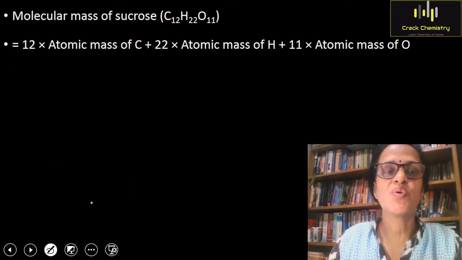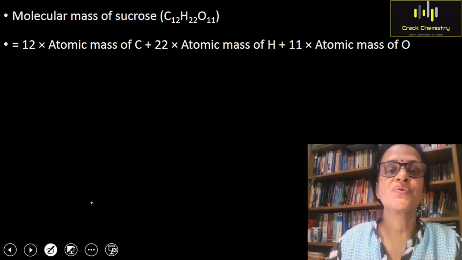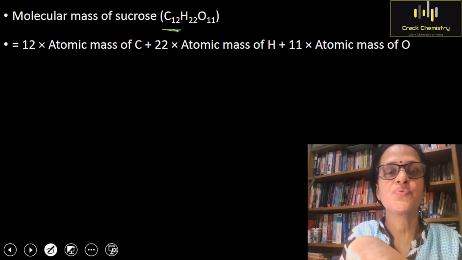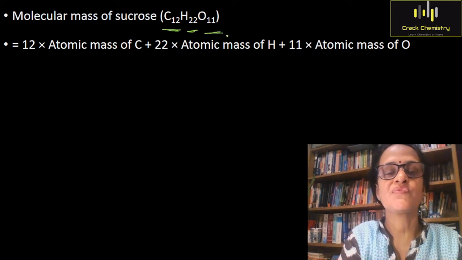Now let's take one more example. This time we will calculate molecular mass of sucrose. Children, sucrose is represented by the formula C12H22O11, and you must be knowing that sucrose is one of the very important ingredients of our kitchen. So molecular mass of sucrose can be calculated as 12 into atomic mass of carbon plus 22 into atomic mass of hydrogen plus 11 into atomic mass of oxygen.